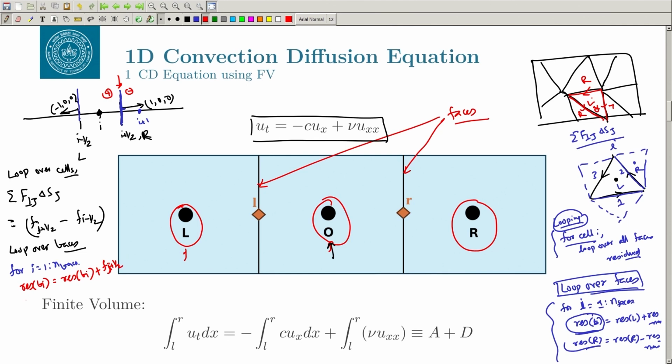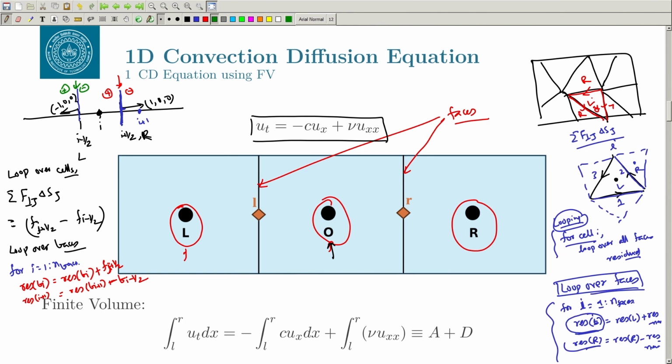And similarly, if you go to residue of i plus 1, this will become residue of i plus 1 minus f i plus half, right. Similarly, if you go to this particular cell which is the left of i cell, this becomes negative for the i cell and positive for the left cell of this, right.